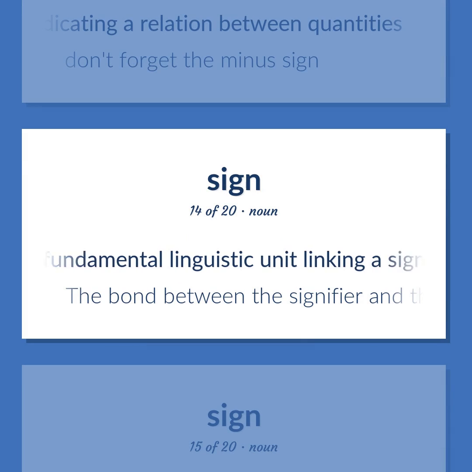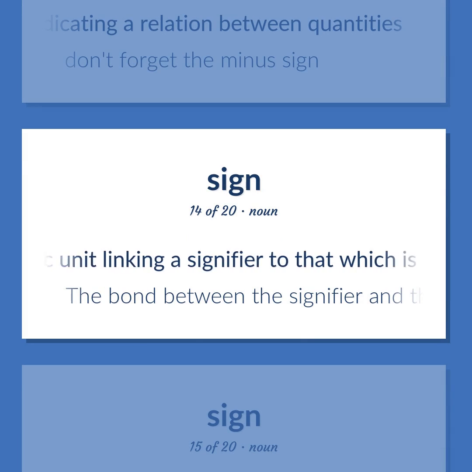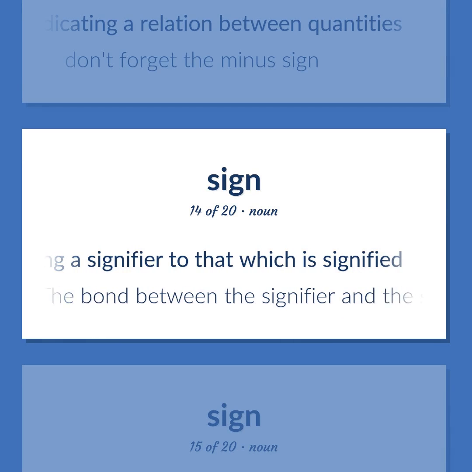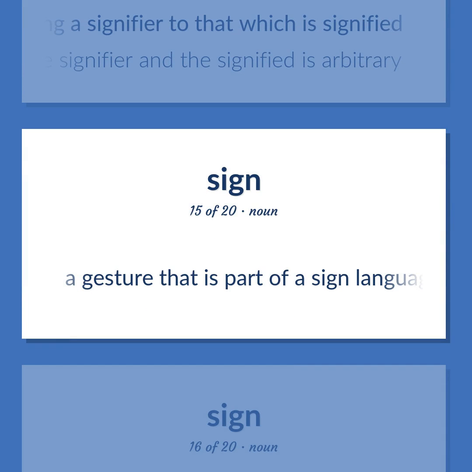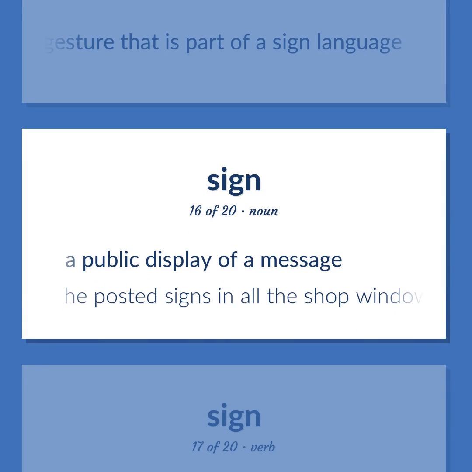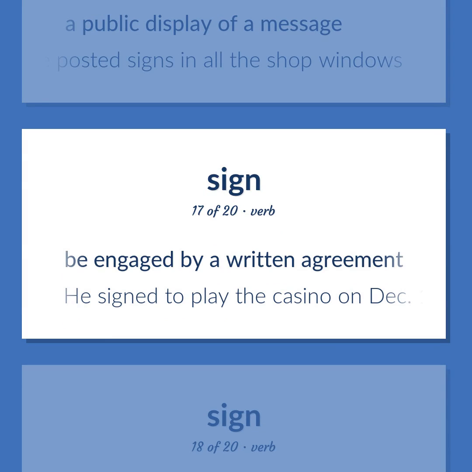A fundamental linguistic unit linking a signifier to that which is signified. The bond between the signifier and the signified is arbitrary. A gesture that is part of a sign language. A public display of a message. He posted signs in all the shop windows. Be engaged by a written agreement.